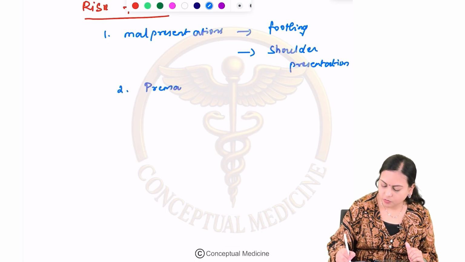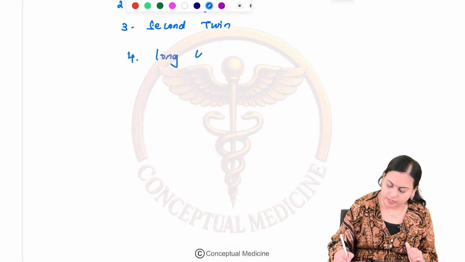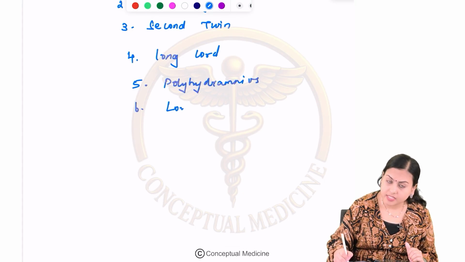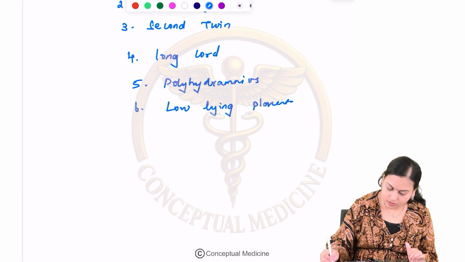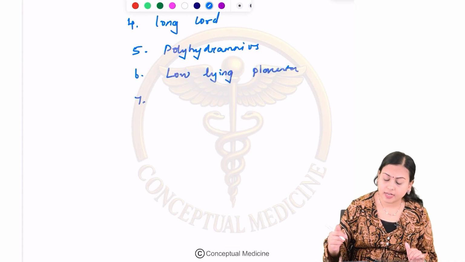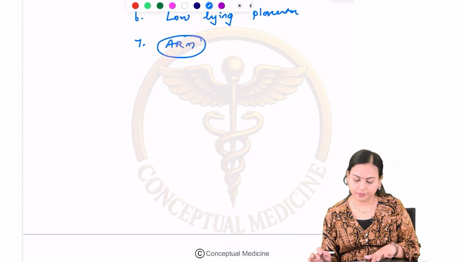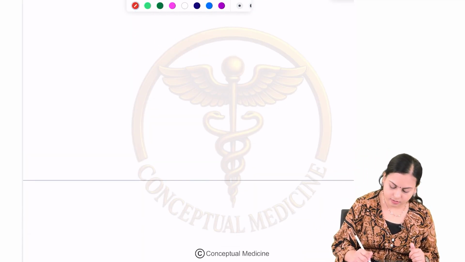Then it is more commonly seen in prematurity, when the risk is more when there is a long cord as well, or there is polyhydramnios, low-lying placenta, or interventions like artificial rupturing of membranes are done. Clear? Right.